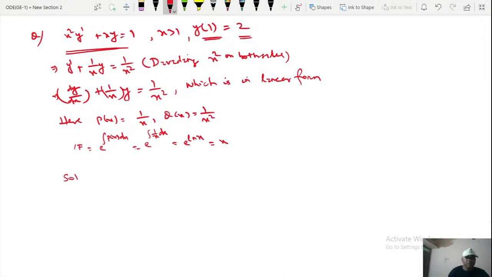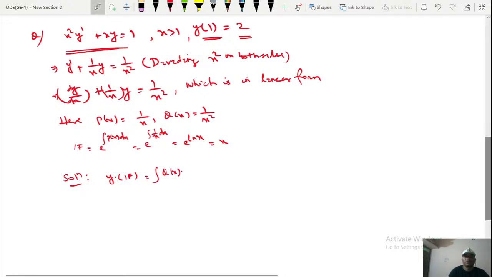Then what will be the solution? Solution is y into integrating factor equals integration of q of x into integrating factor dx. That means y times x equals integration of 1 by x squared times x dx.